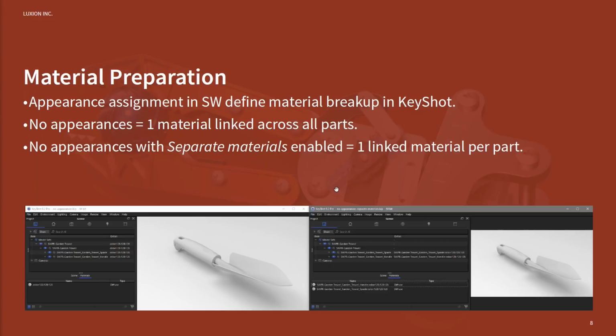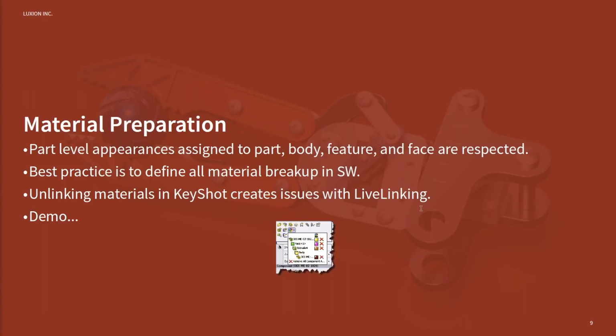So you can use that separate materials option to do some material breakup, but it is recommended to assign appearances and to define all that material breakup inside of SOLIDWORKS.